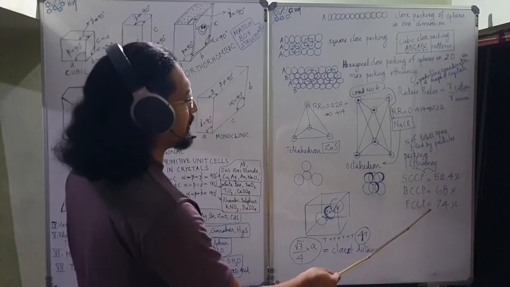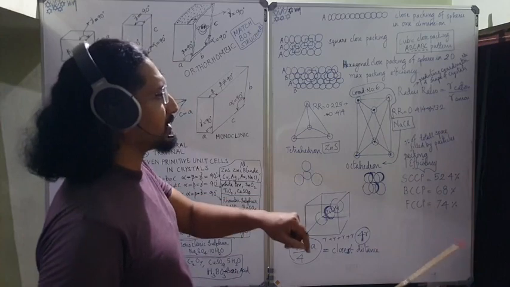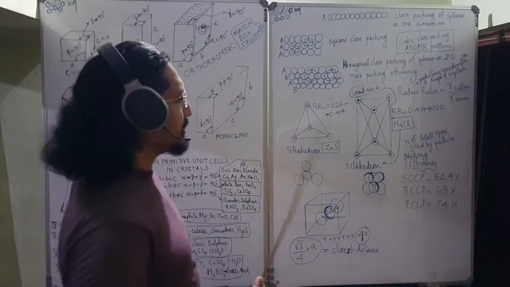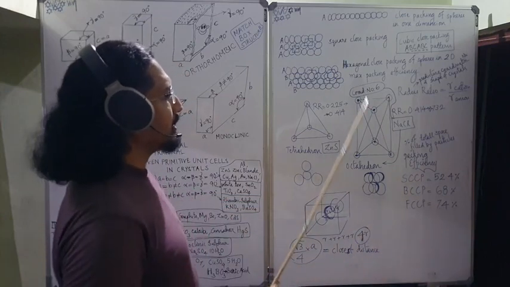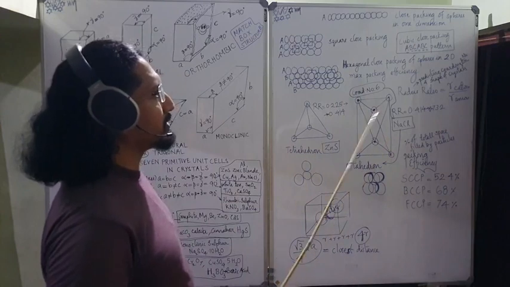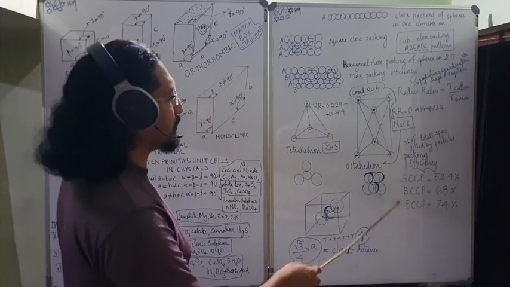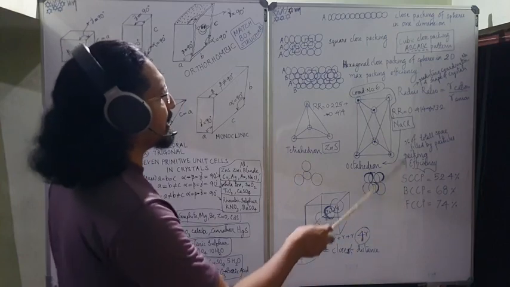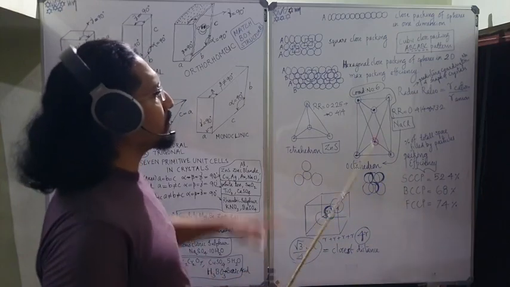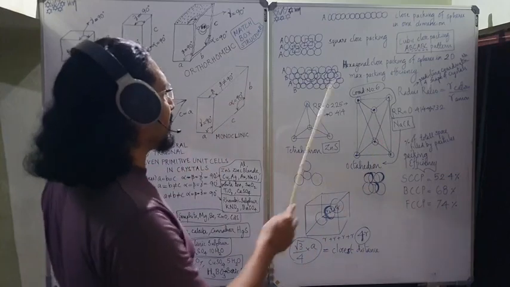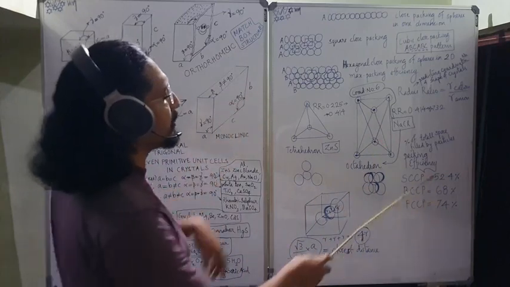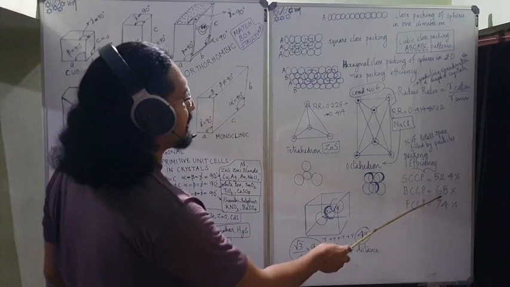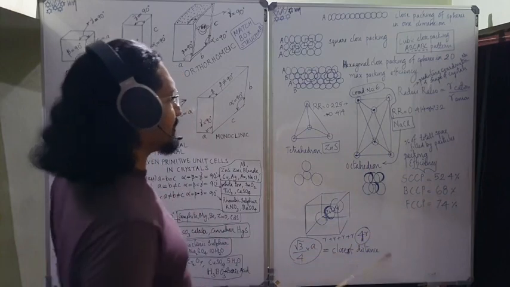Face-centered cubic close packing is near distinction, just near distinction, that is 75%. So just remember the percentages: 52.4, 68, and 75. That is the order for simple, body-centered and face-centered cubic packing structures. Packing efficiency means the percentage of total space filled by the particles. That means 52.4% of the space is filled, 68% is filled, 75% is filled.